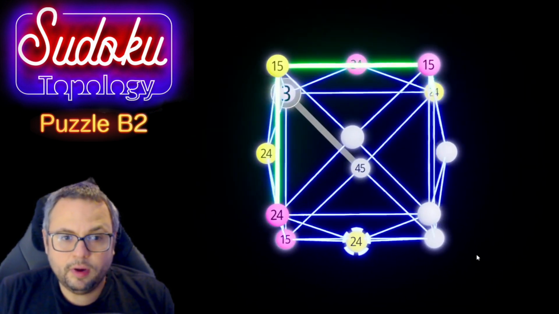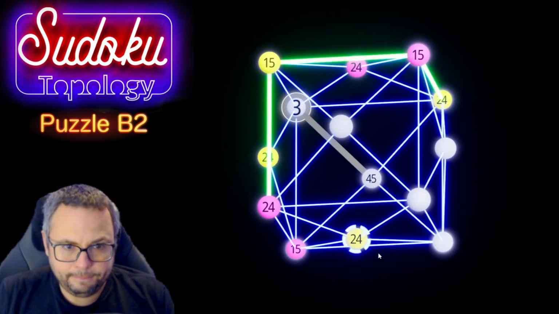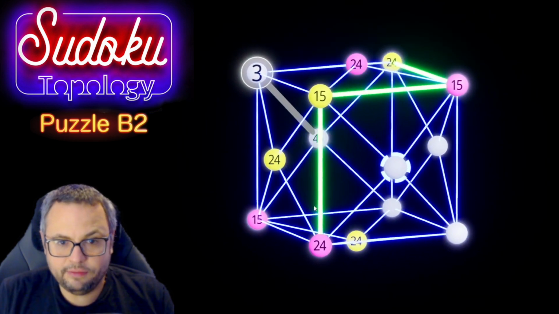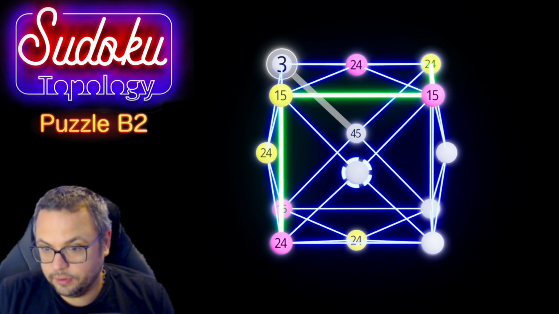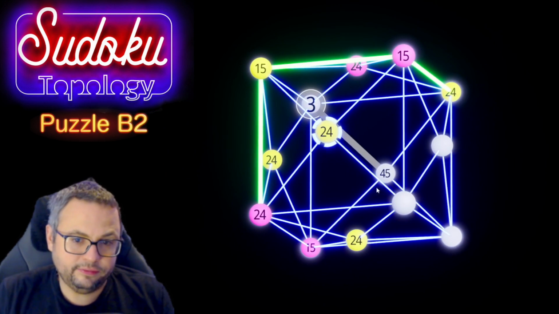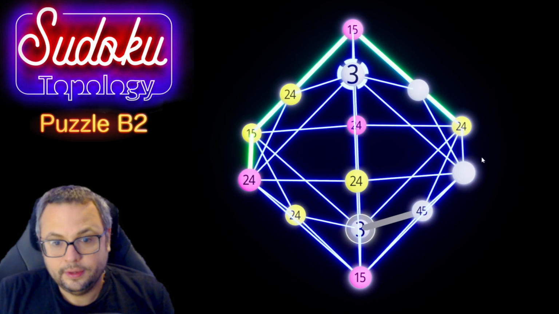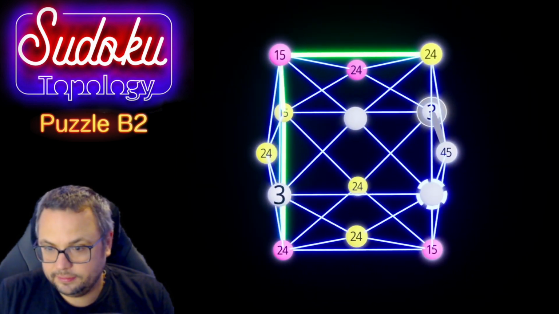So there's a yellow 1-5 somewhere, and there sure is. That does tell me where the yellow 2-4 is on this face now facing me. The yellow 2-4 now can only go here because it can't go there. So this is the yellow 2-4. And now on this face, that means that this is a 3.